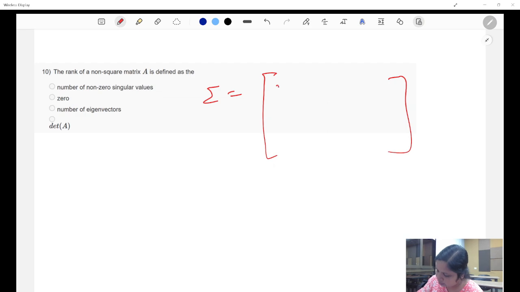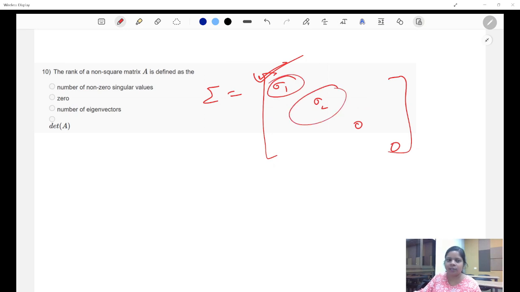Your matrix is sigma 1, sigma 2, and then you have 0, so it is reduced rank. The number of non-zero singular values that you have actually defines the rank of the non-square matrix A. That you have understood from SVD and it should be clear.